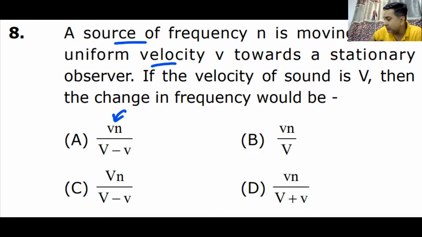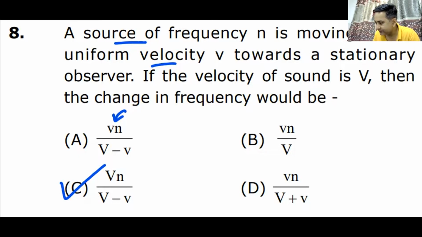Do you remember the original formula? Yes or no? So what should be the answer? C. The answer should be C. Why did you say A? Are you looking from the answer key? Sometimes the answer key may also be wrong.